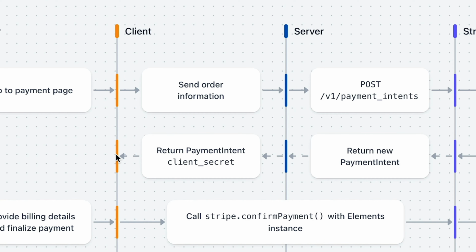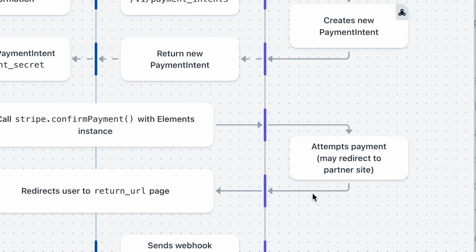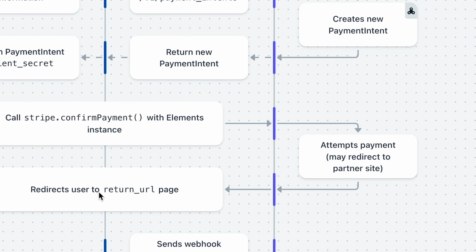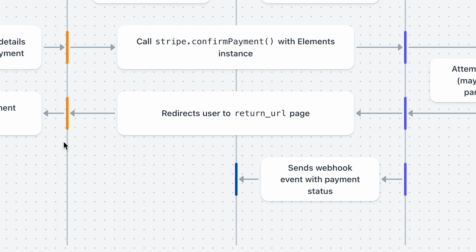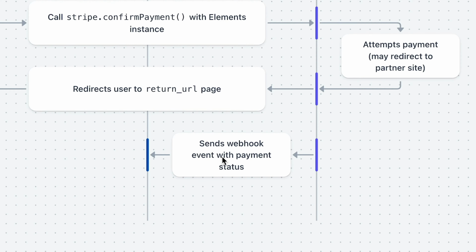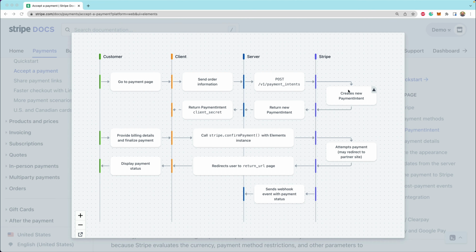That payment element is going to be inside of a form that customers will populate with their billing details, and then ultimately we're going to client-side make a request to submit those payment details all the way to Stripe, and then Stripe will redirect the customer to some return URL, and ultimately we'll be able to display some completed status. And finally, we'll handle webhooks in webhook notifications to actually do the fulfillment of the thing that was purchased by the customer. So let's jump into this first step, which is creating the payment intent on the server.